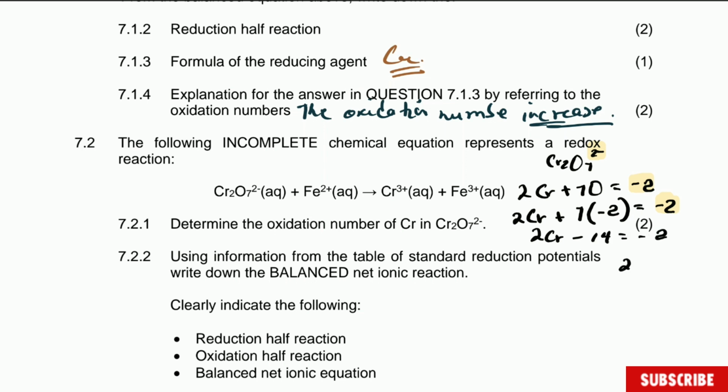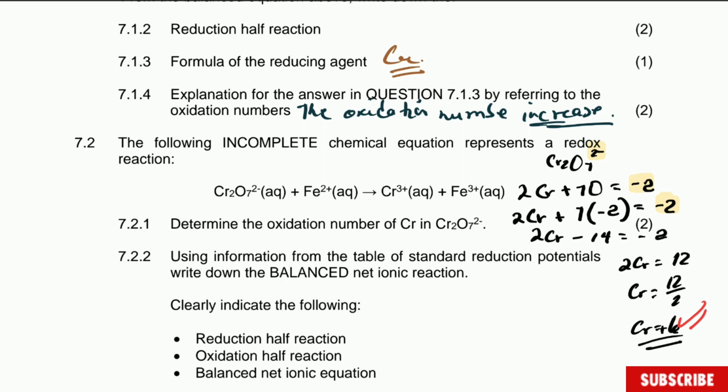When you rearrange, you have 2Cr is equal to 14 minus 2, it's 12. Then Cr is equal to 12 divided by 2. Cr is equal to 6, positive 6, that is the oxidation number. And you will get 2 marks for that answer.